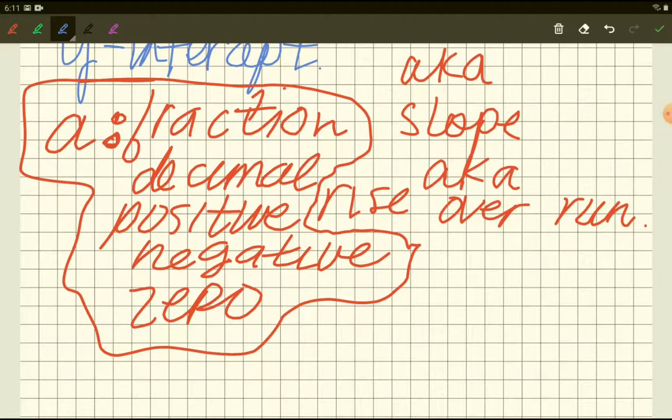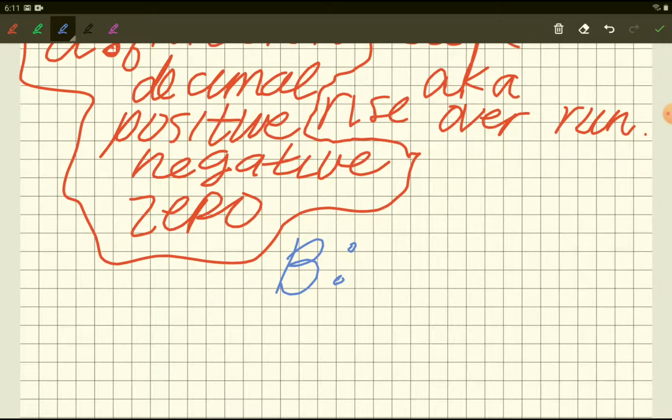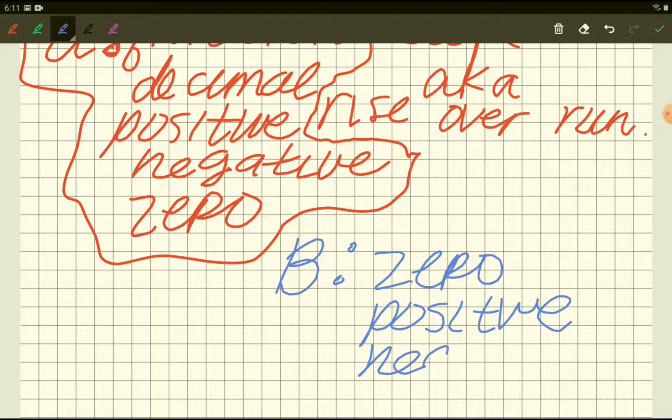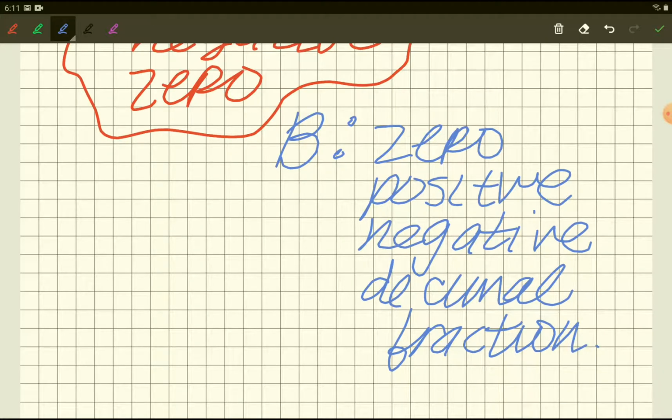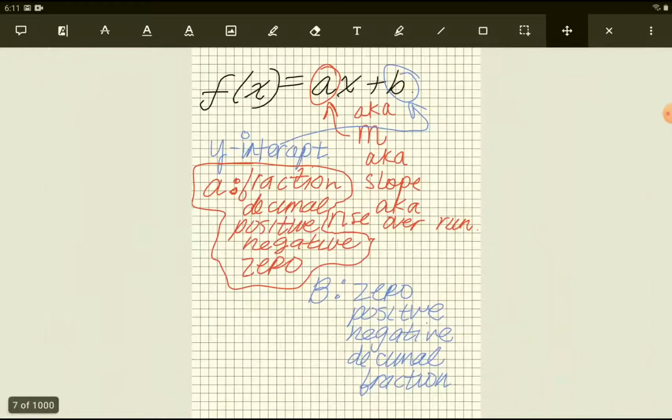Same thing with B. There's really no limit. B can be 0 too. Again, it can be positive, negative, a decimal, or a fraction.